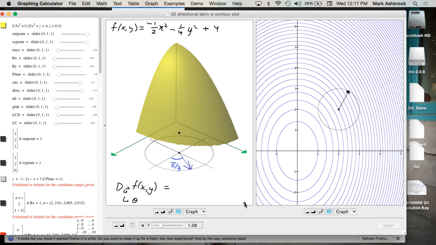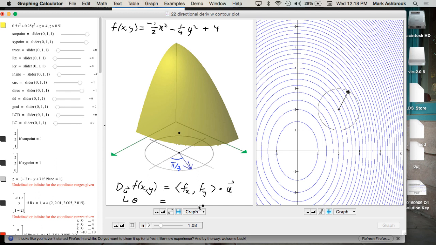This isn't a calculator problem. There's nothing to do with a calculator here. So forget about the pi over 3, forget about 2, 2. Could we write out just generally what the derivative in any direction u at any point x, y would be? So the gradient dot the unit vector.